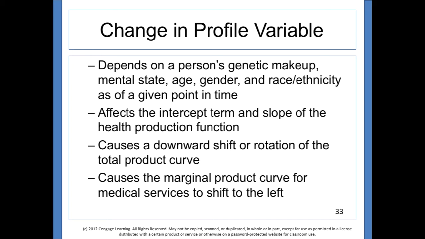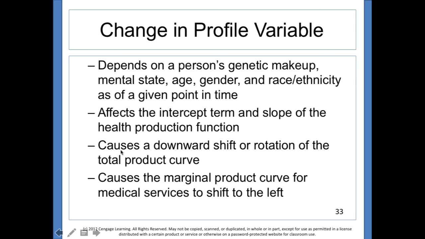Now, what happens if there is a change in a profile variable? Remember, that depends on a person's genetic makeup, mental state, age, gender, and race, ethnicity as of a given point in time. This affects the intercept term, we talked about that, and the slope of the health production function.